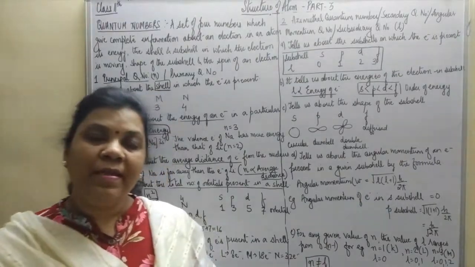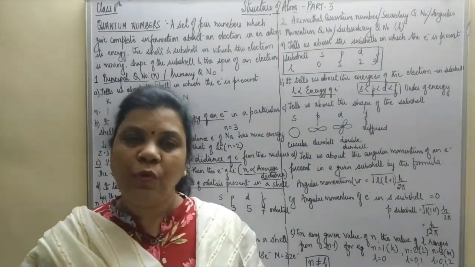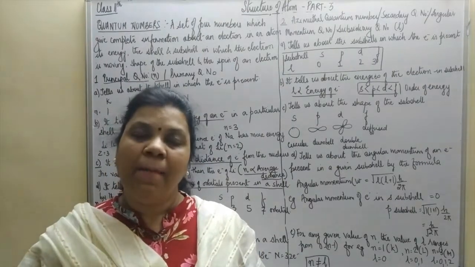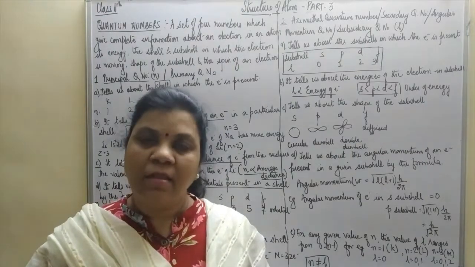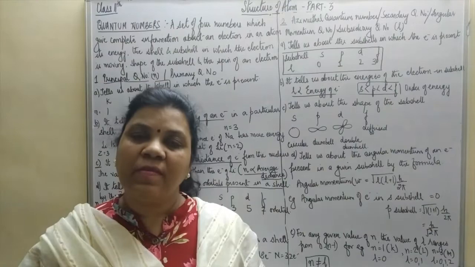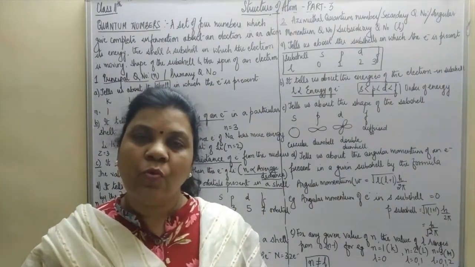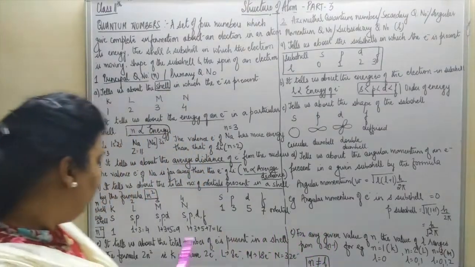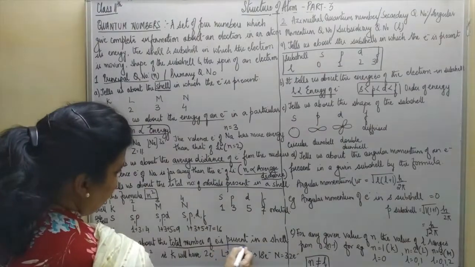And we had already studied earlier that each orbital accommodates a maximum of 2 electrons. So when you multiply this formula n square by 2, you will get the formula for the total number of electrons that can be accommodated in a shell, and the formula is 2n square. It tells us about the total number of electrons present in a shell.